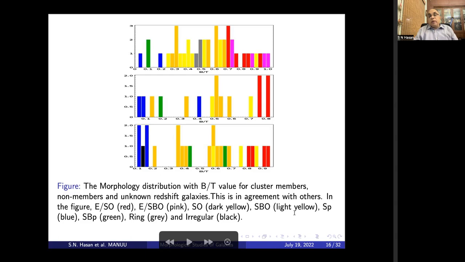SB0 light yellow, and spirals are shown in blue, barred spirals in green, rings in gray, and irregulars in black. So this shows you how, according to B by T, the different morphological types are distributed.